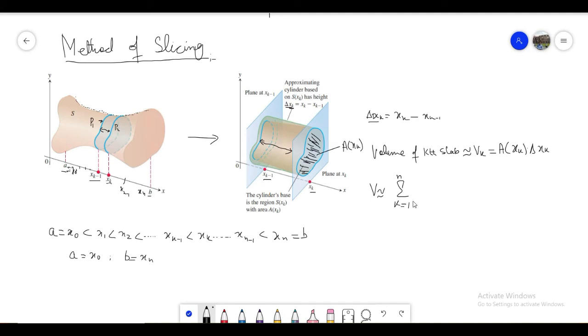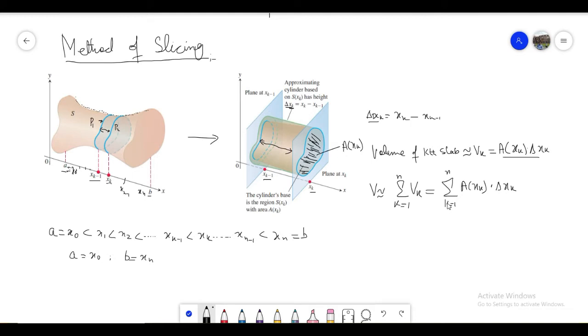So k is from 1 to n, and the volume Vk is equivalent to the sum, k from 1 to n, of A of xk times delta of xk, and of course A of xk is the cross-sectional area, and delta of xk is the width.